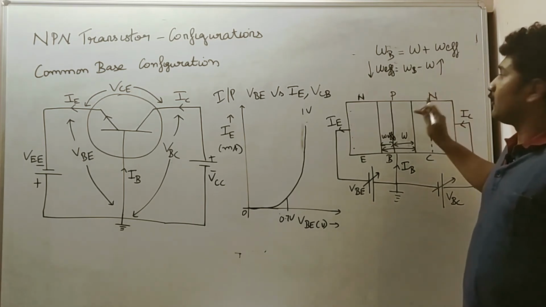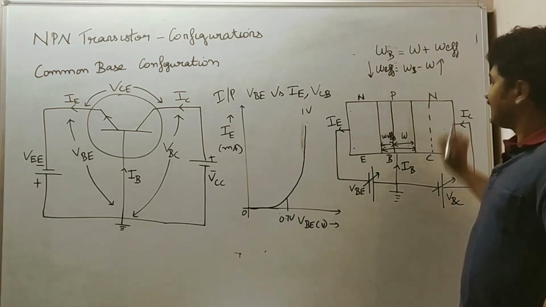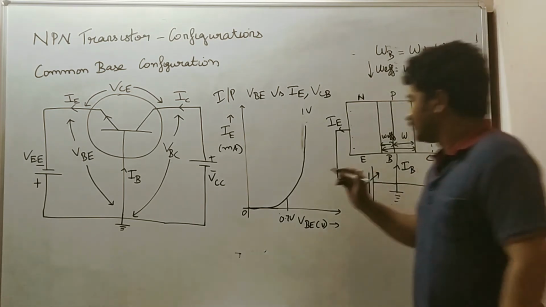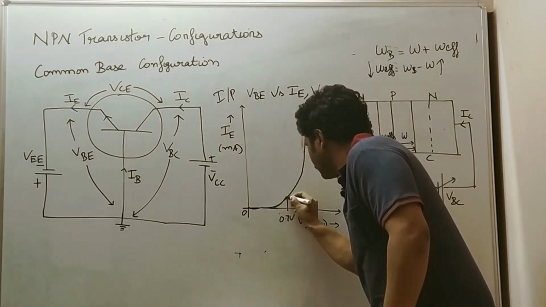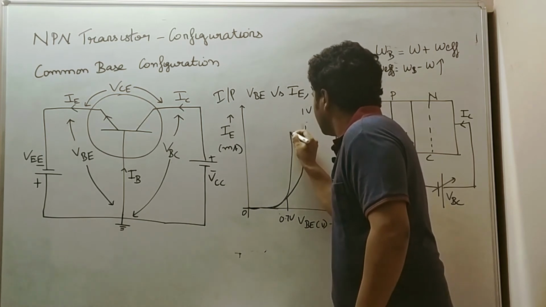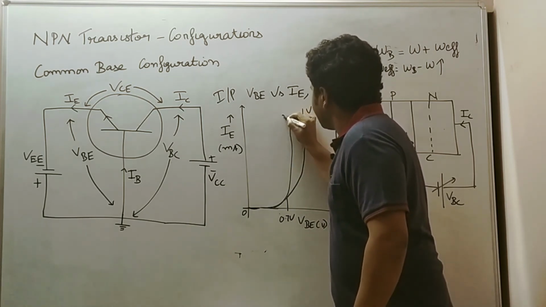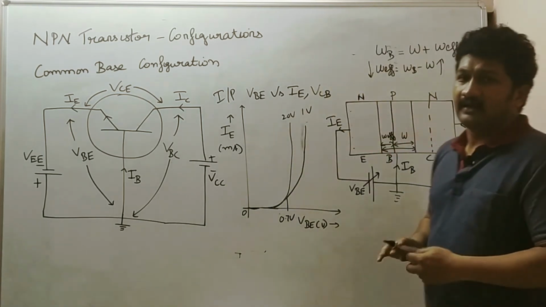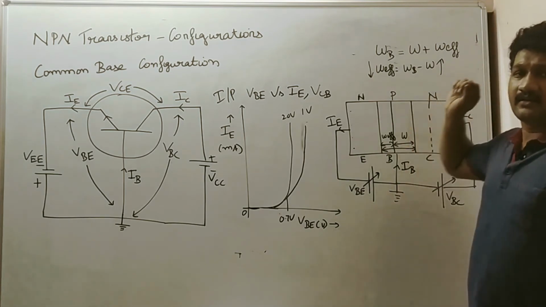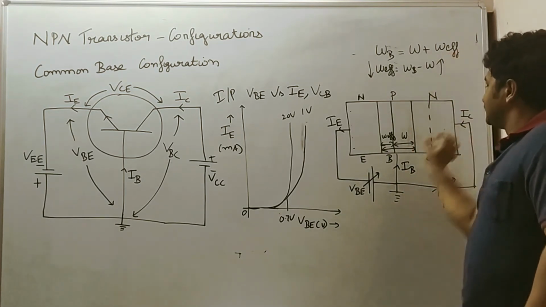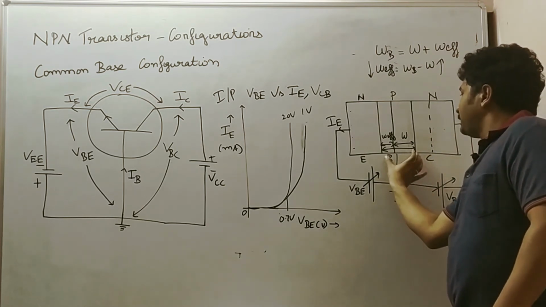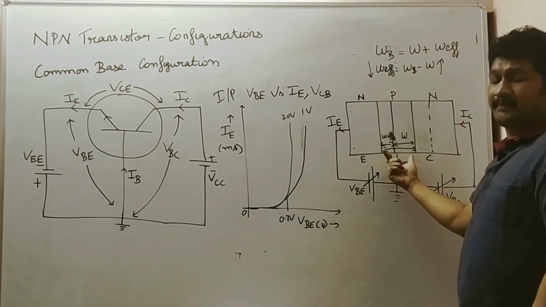This happened because the base collector voltage is 20 volt. For 20 volt, the emitter current is higher. Again, the concept working here is the early effect, where W has increased. The entire WB is the base region with base width modulation.